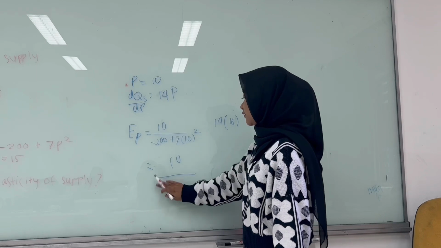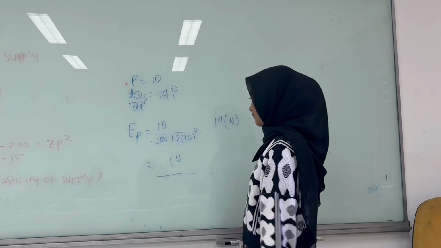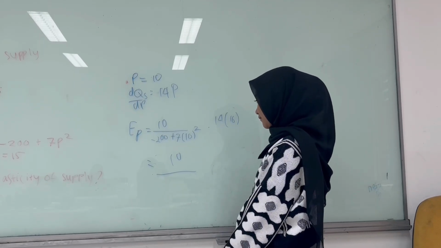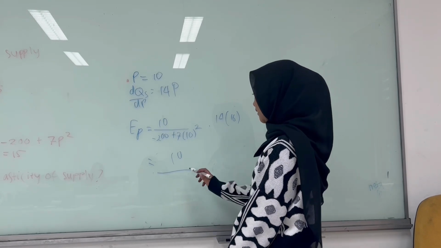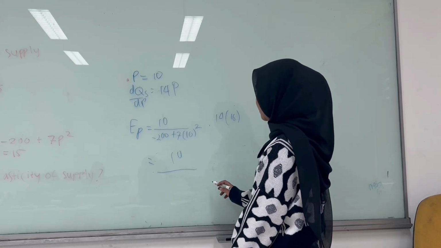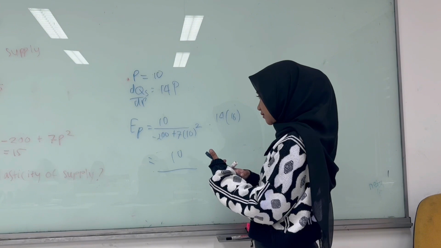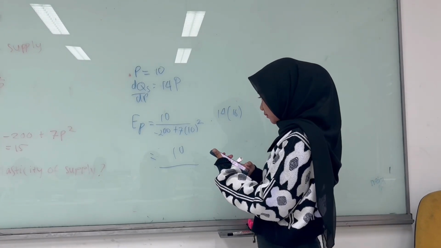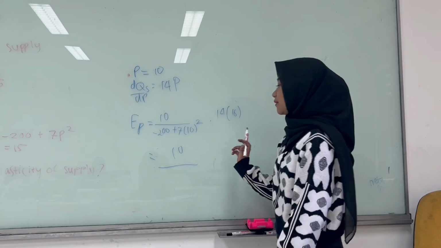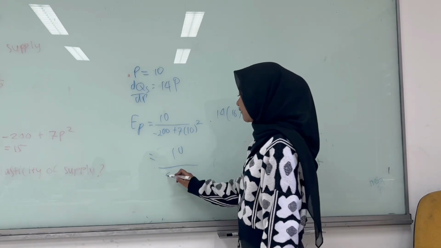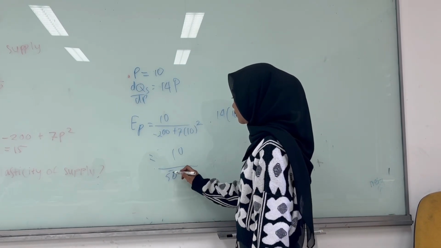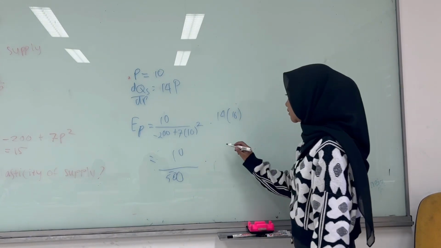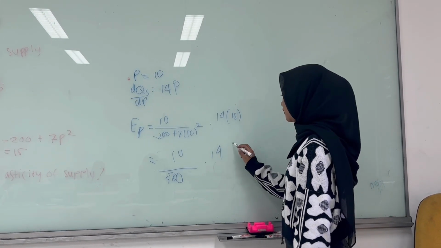Minus 200 plus 700 is 500. So 10 per 500 times 140.